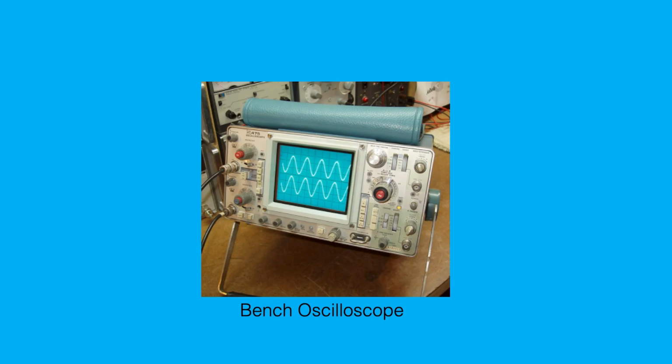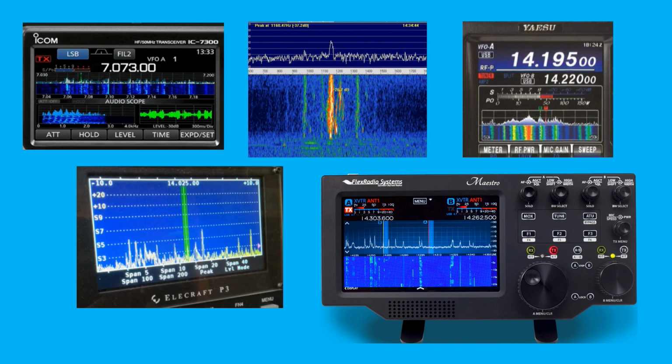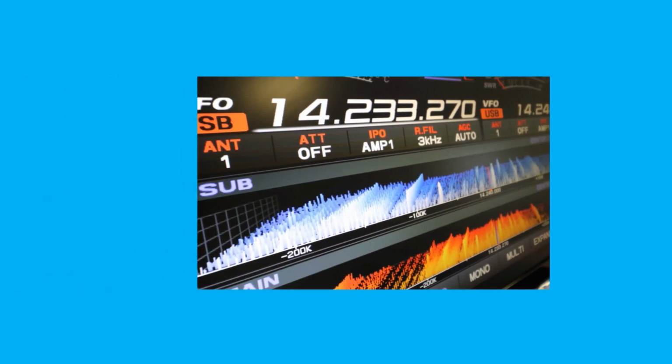Bench oscilloscopes, we're not going to look at those. They're valuable tools for builders and professionals. We are going to look at commonly found scope displays in HF rigs in 2021. Entry-level rigs have scopes. SDR platforms have all kinds of visual displays now. And Yaesu has been innovative in their introduction of the 3D scope.